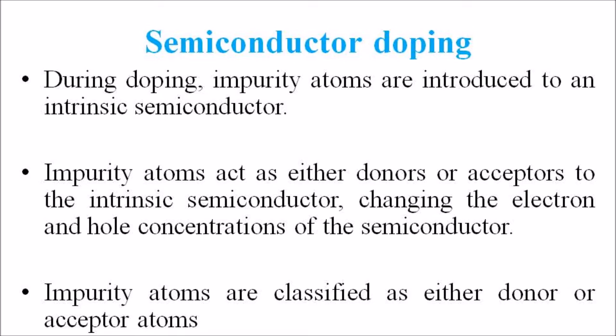Impurity atoms act as either donor or acceptor to the intrinsic semiconductor, changing the electron and hole concentration of the semiconductor. Impurity atoms are classified as either donor or acceptor atoms based upon the effect they have on the intrinsic semiconductor.